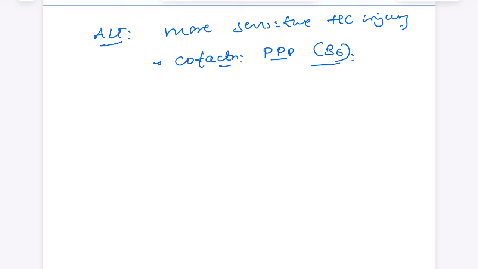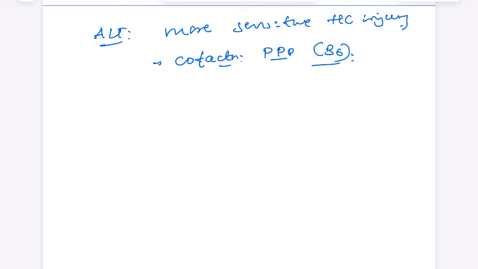So whenever there is reduced B6, you won't have much ALT. Especially in alcoholic liver disease patients, the typical AST:ALT ratio of more than 2 is because of deficiency of B6, which reduces the synthesis of ALT.